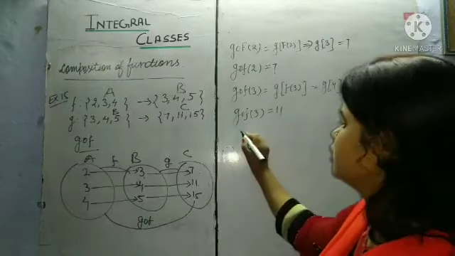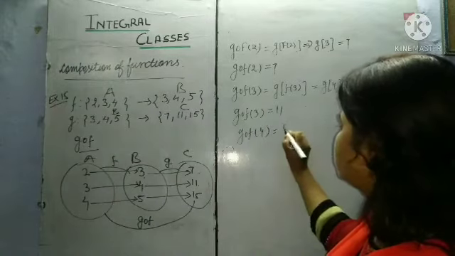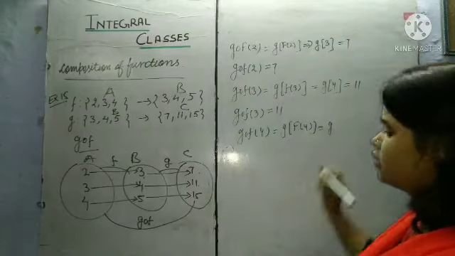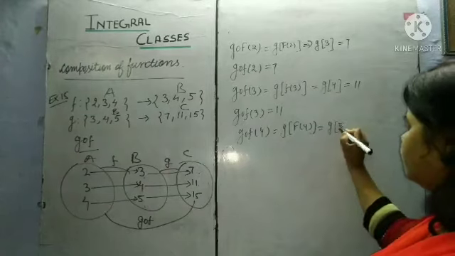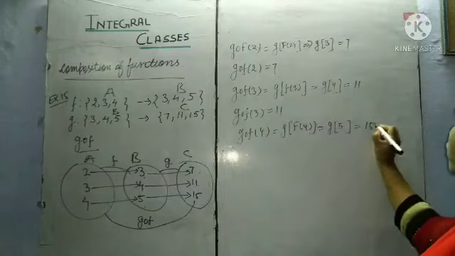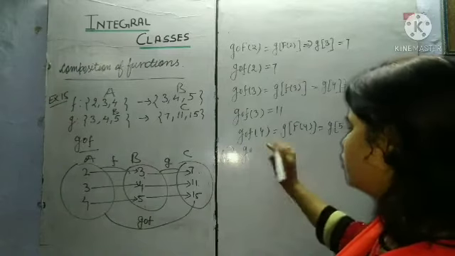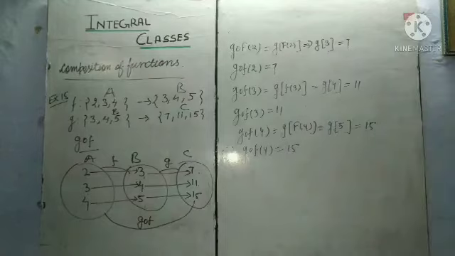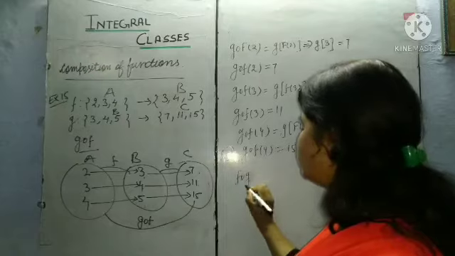Now next is g of f of 4. What is the value of f of 4? f of 4 gives 5. So now we put 5, and g of 5 equals 15. So students, we write directly g o f of 4 equal to 15. Similarly, students, we can find the value of f o g.